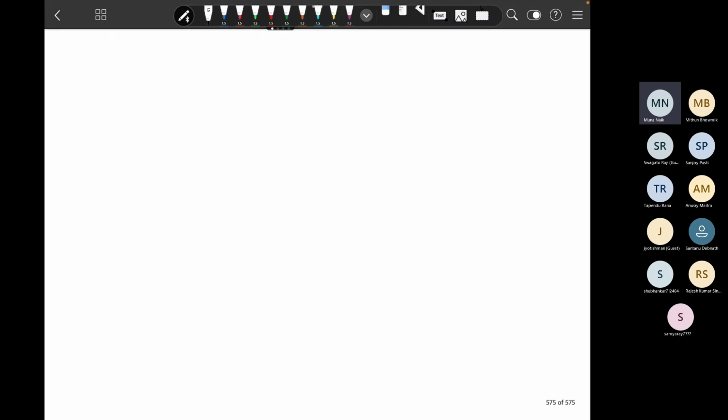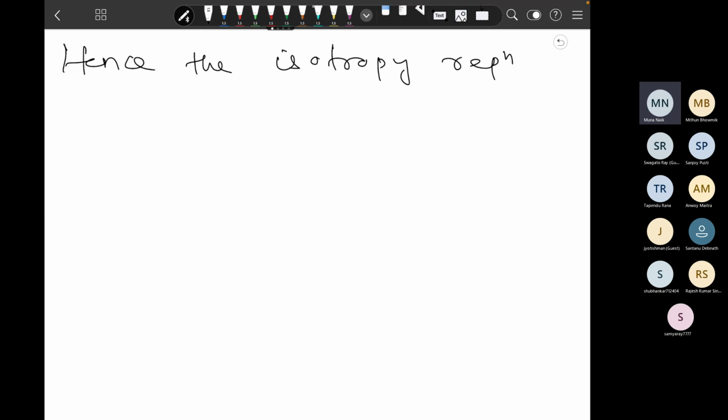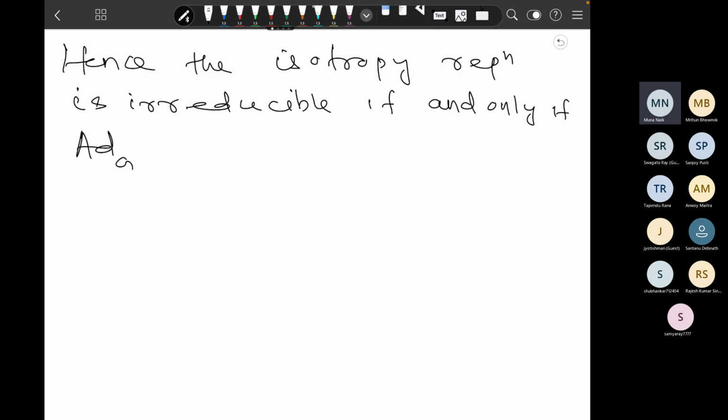So hence the isotropy representation is reducible if and only if the RGG action is reducible.